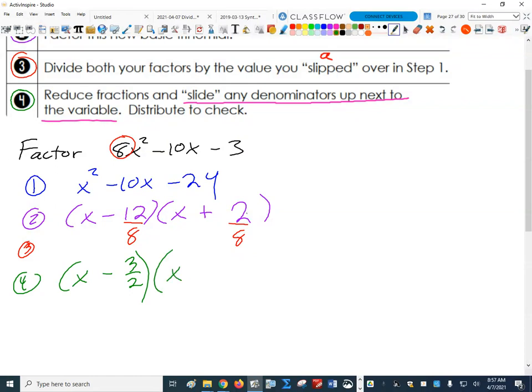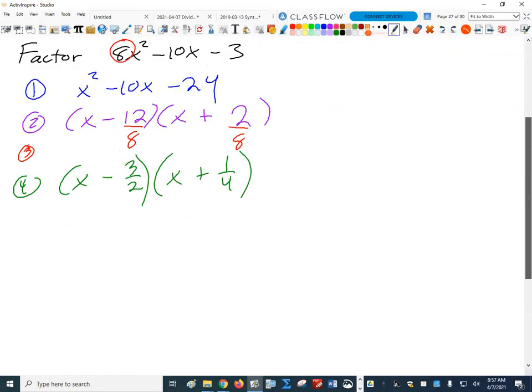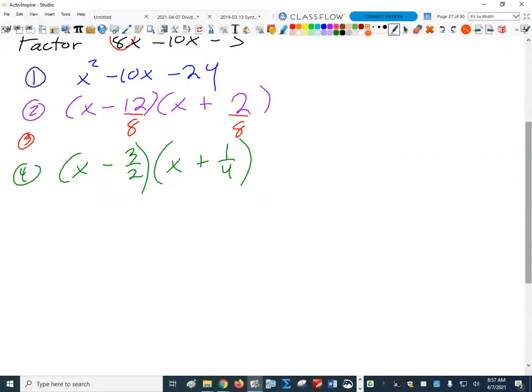And here, 2/8, I can divide each by 2 and get 1/4. Very good. And then the very last part, what do we get for the very last part here, Alexis? There you go. Good. So we're going to slide the 2 up front and slide the 4 up front, and we got it. 2x minus 3 times 4x plus 1. Okay?